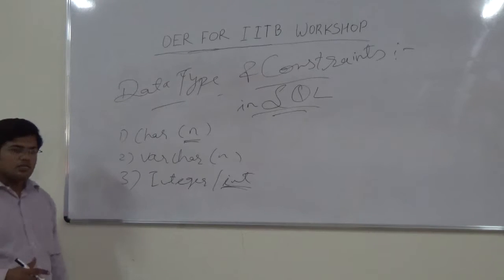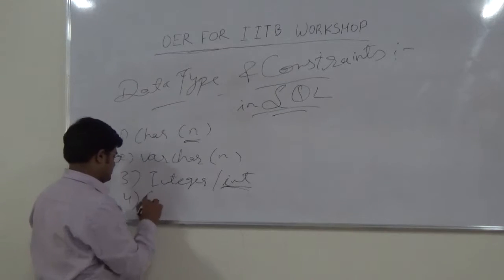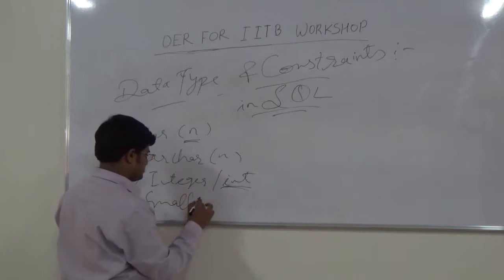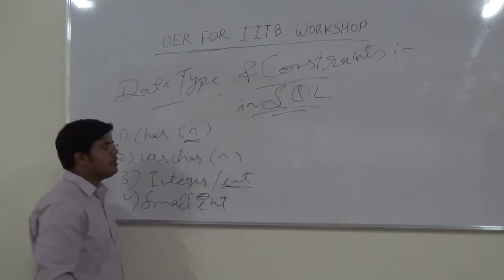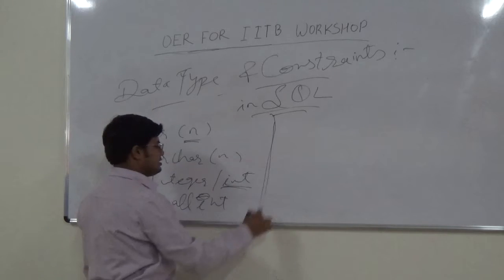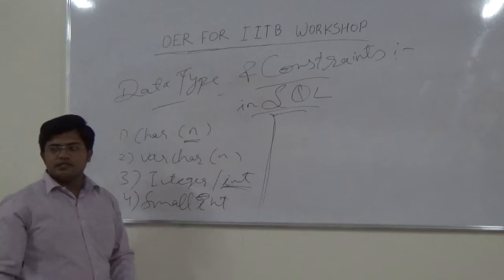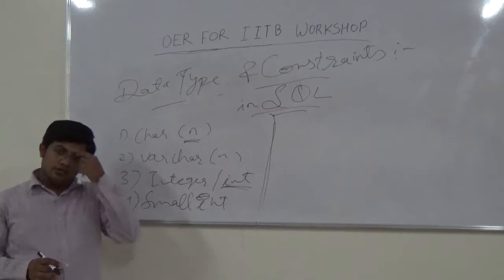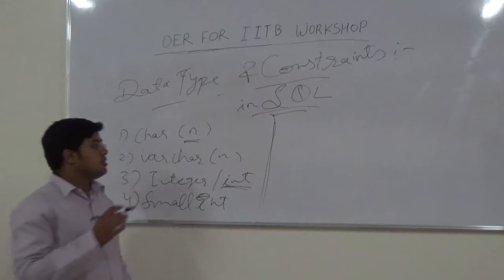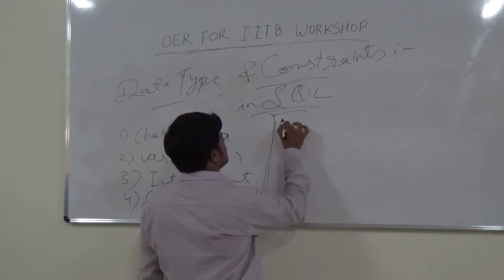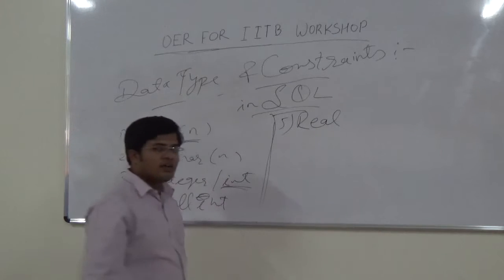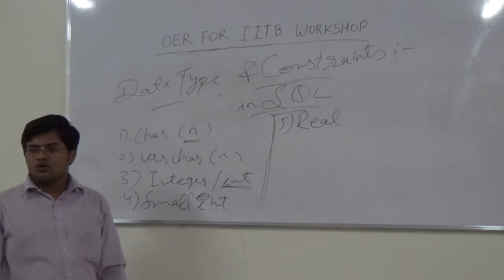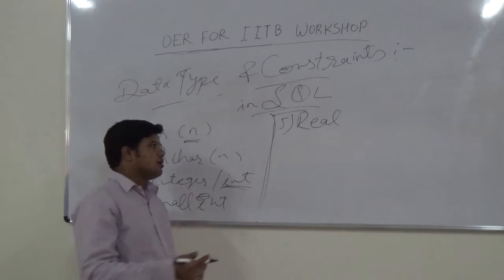Then the next one is smallint. Smallint is similar, but its range is lower compared to the integer. Then the next one is real. Real is for real numbers. Then next we are going for double.